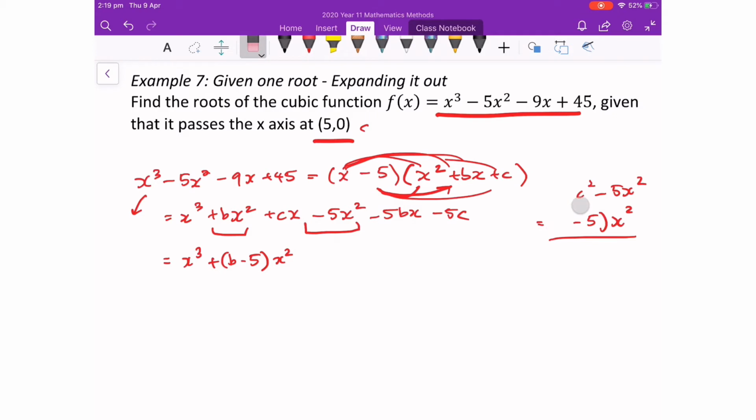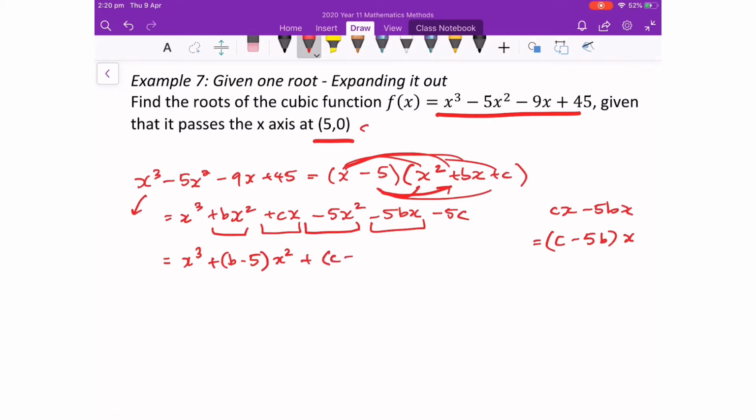All right, I'm going to do my next bracket as well. These ones are the same. So cx take 5bx are like terms, which can be rewritten as (c take 5b)x. That's the factorized form. I'm going to write that here. And then I've got negative 5c on its own.